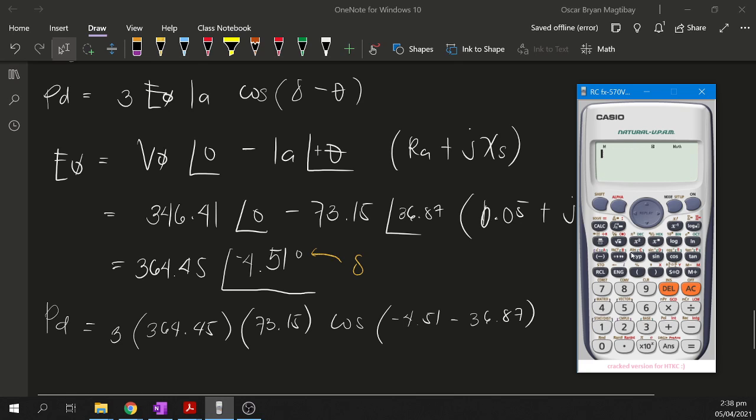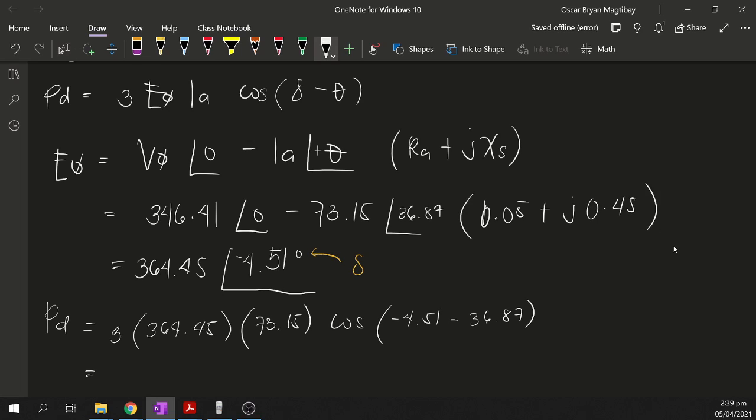Mode 1, 3 times 364.45 times 73.15 cosine of negative 4.51 minus 36.87. So the answer is 60.011 watts.